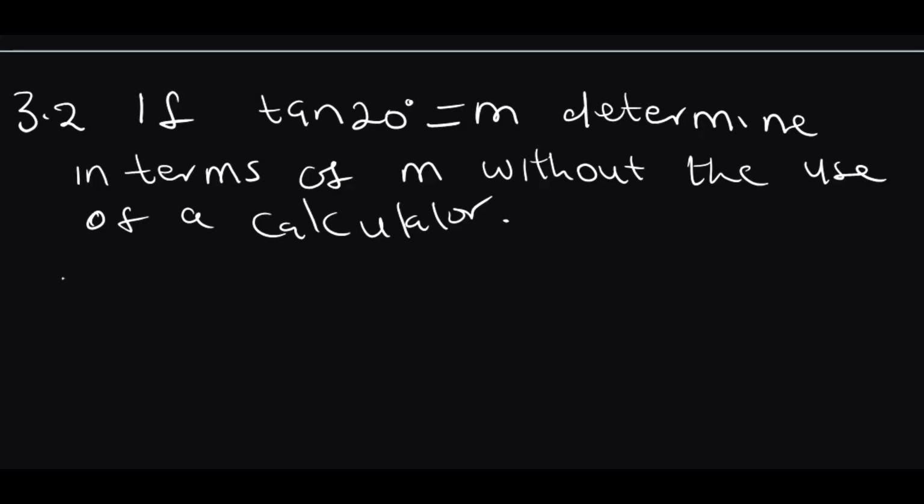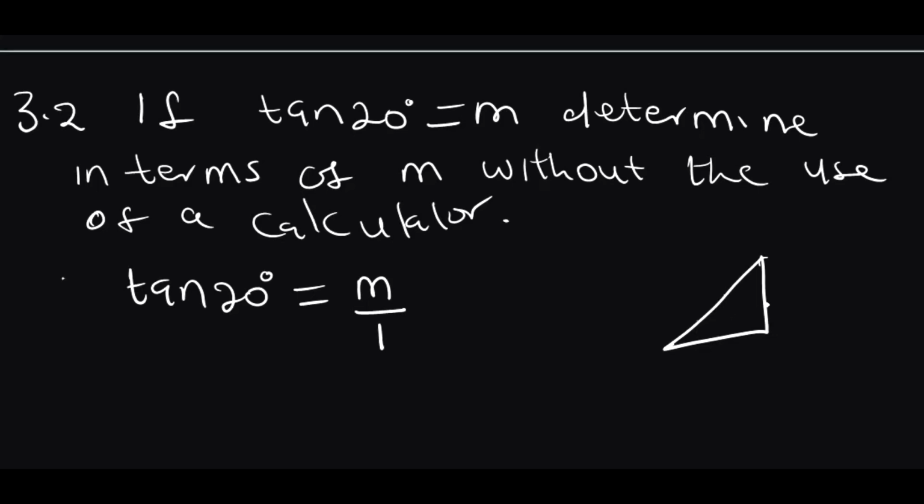Right, now we have tan 20 degrees equals m. We know that this m has a denominator of 1. Now we can draw a right-angled triangle.